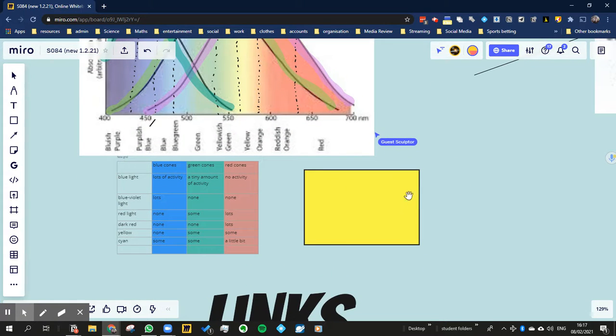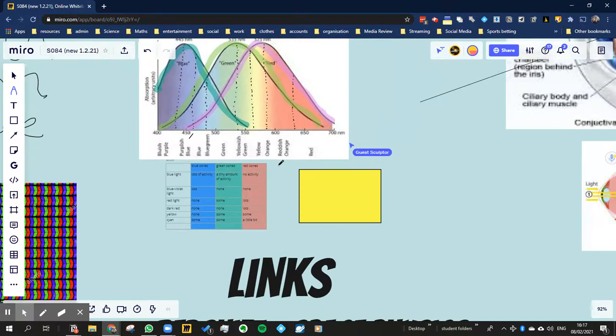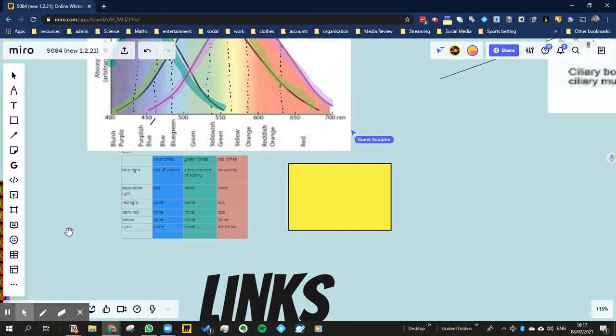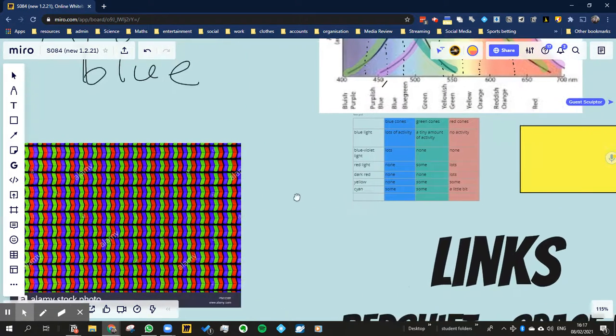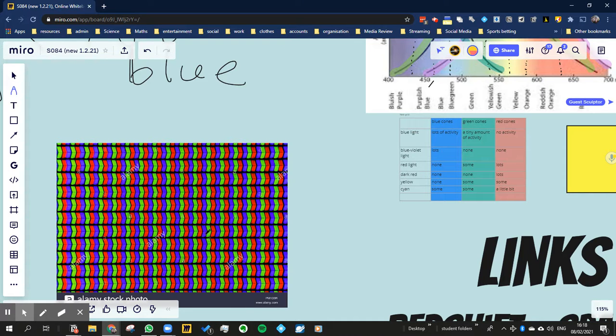That's exactly what happens. This yellow square you're looking at right now, this yellow rectangle, there's no yellow light coming out of it. It's only green and red. It doesn't look like green and red, of course, but that is what's happening. So if you look closely at your computer monitor, they look like this. Just these three different colours.